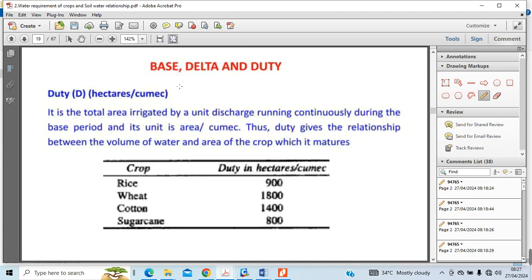Duty, this one is also an important part. You need to study more. It is the total definition you should know.